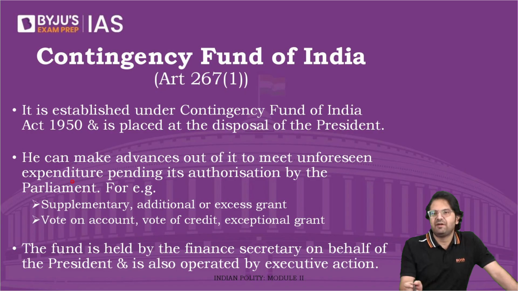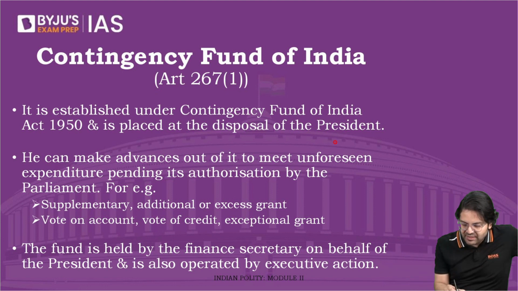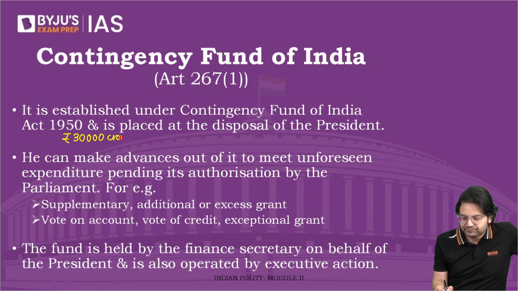So Contingency Fund of India has been established under a law called Contingency Fund of India Act of 1950, and this money has been given to the president, that, sir, ma'am, keep this money. And how much money is there in contingency fund? At any point of time, this account has 30,000 crores.